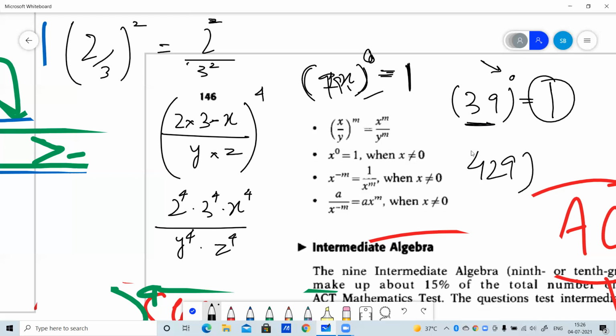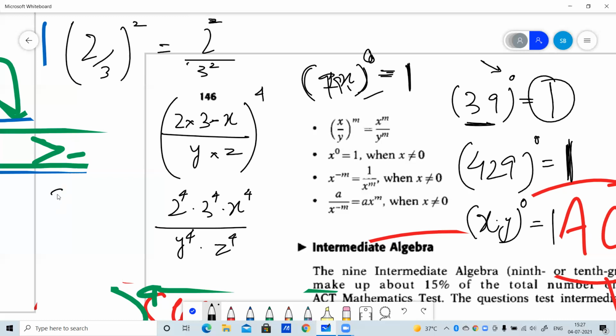What is 429 raised to the power 0? Zero. No, that's what I'm saying. Whenever you raise anything to the power 0, you are getting 1. You will always get 1. What is x times y raised to the power 0? 1. Yes.